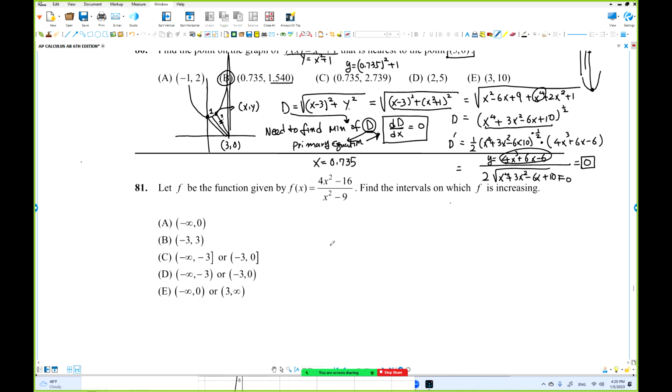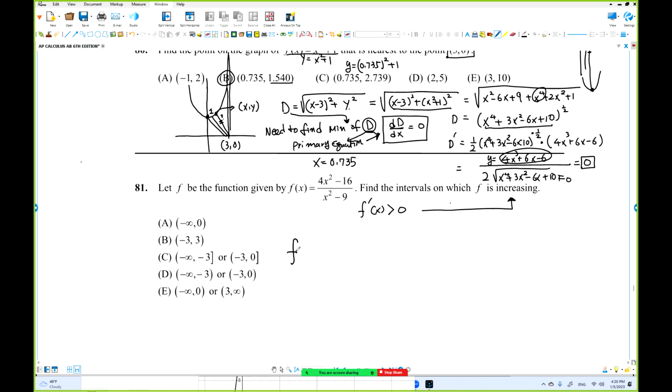Right, number 81, we have a function f over here. For intervals where f is increasing, to find increasing or decreasing, we need to use what? The first derivative always, okay? If the first derivative is positive, that is increasing. Now take the first derivative.